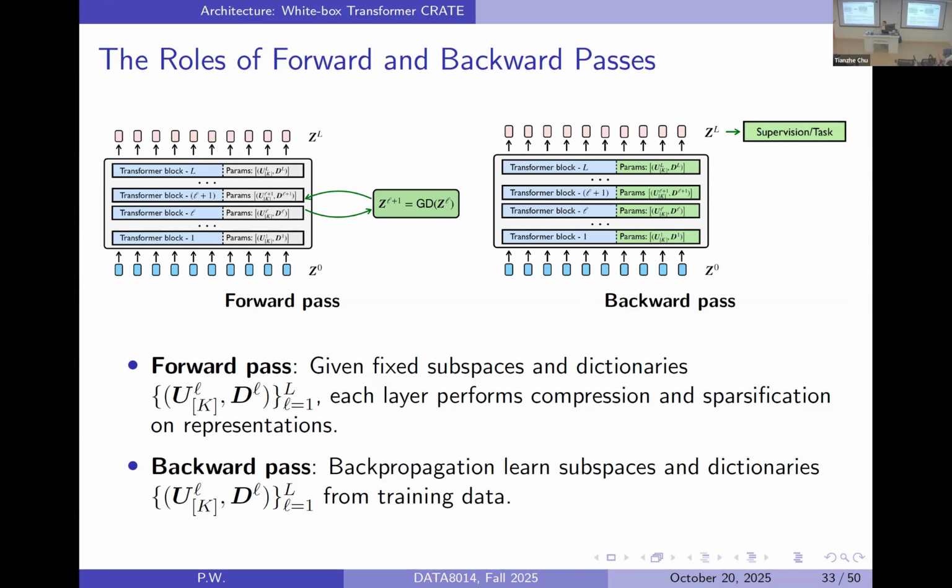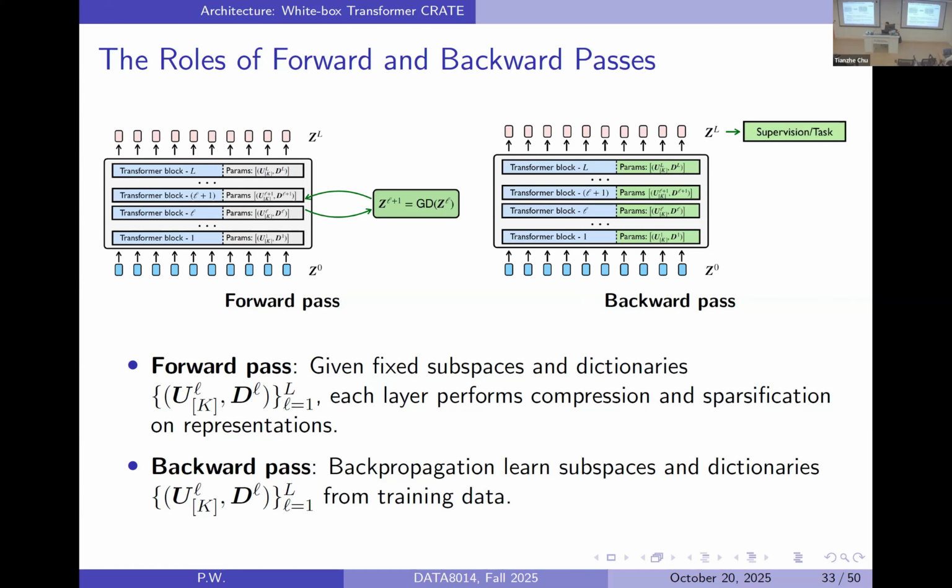Then when we use this neural network for some specific task, how do we optimize these parameters? We need to use backpropagation, like we have learned in LISTA. When we learn the dictionary in LISTA, we need to use backpropagation to train it.